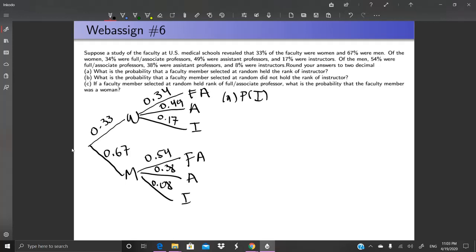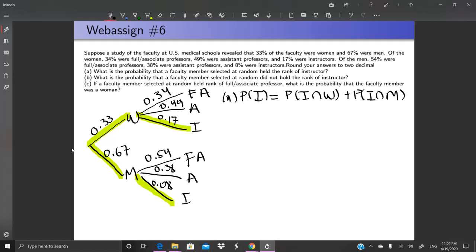Remember, this is the part where we chase down the branches that lead us to I. So if you want to find the probability that someone is an instructor, you have to add the probability that they are an instructor and a woman, to the probability that they're an instructor and a man, right?